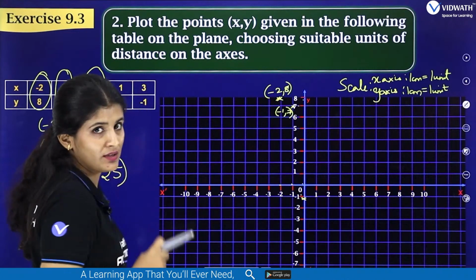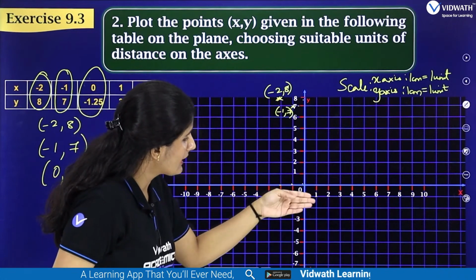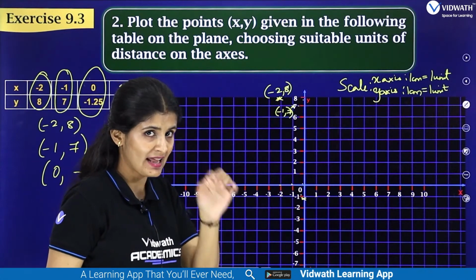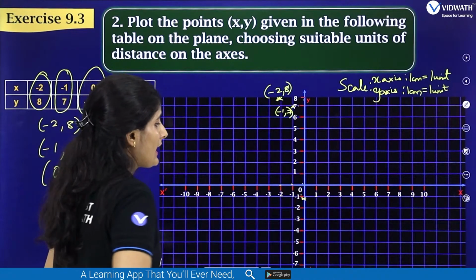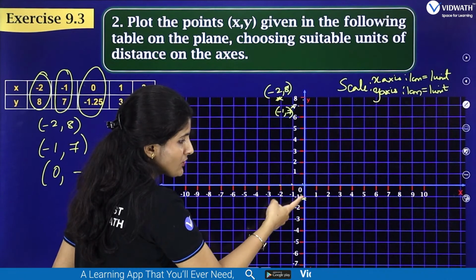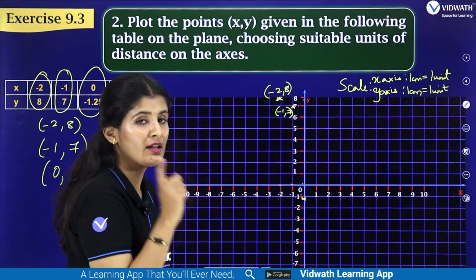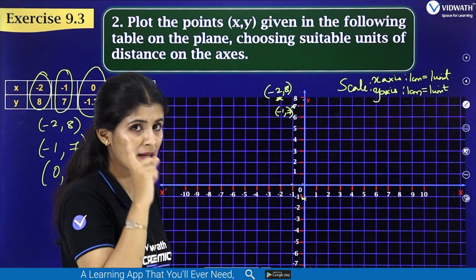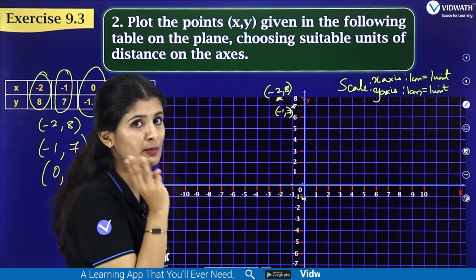In your graph sheet, like I told you before, there are 9 fine lines between any 2 consecutive bold lines. From minus 1 to minus 2, there are 9 fine lines. Leaving minus 1, start from the first fine line. That will be our count 1. Second fine line will be 2. Third fine line will be 3.